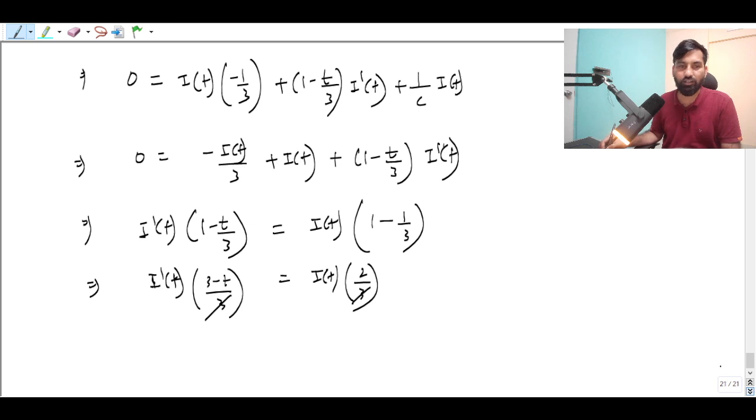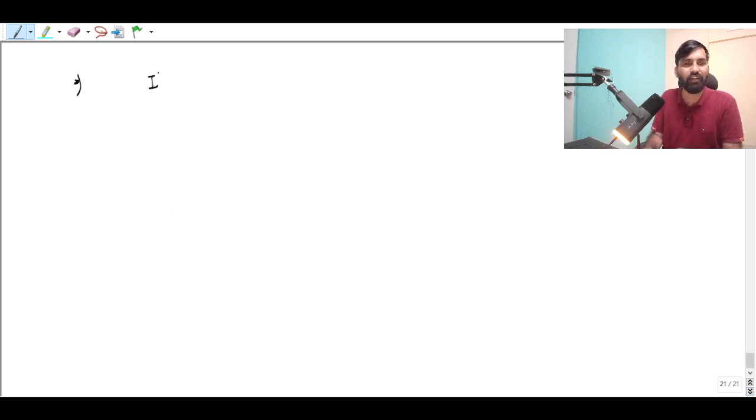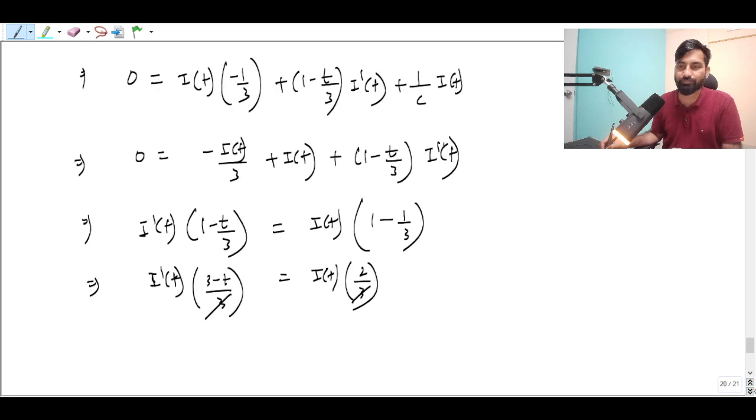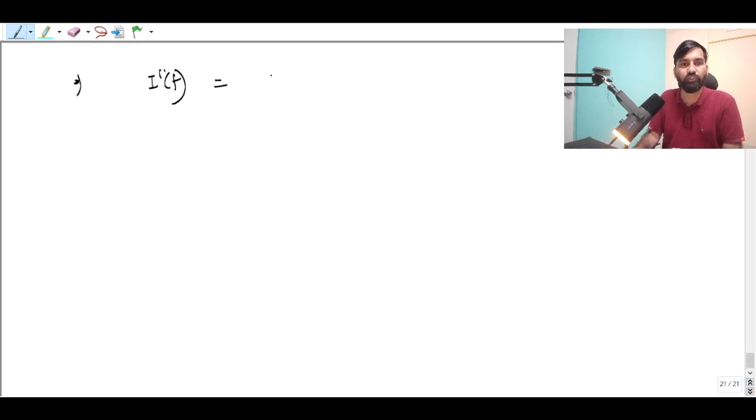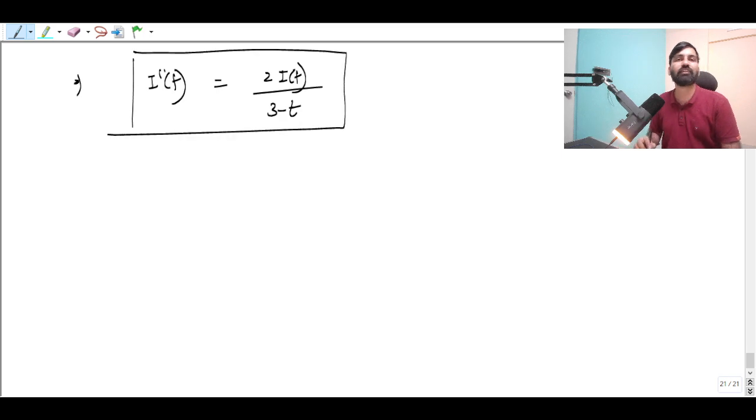Now what you can do here is you can write this as I dash t is equal to 2it by 3 minus t. I think this is clear for all. You can write it like this. It's a very simple equation that you have got, right? Now what you can do here is you can apply the variable separable method, right?